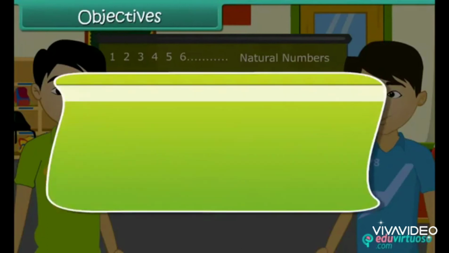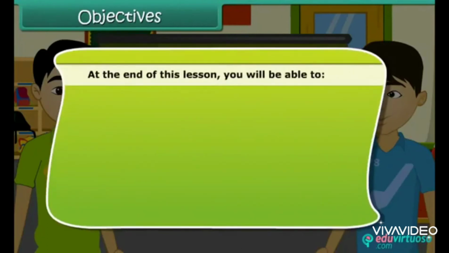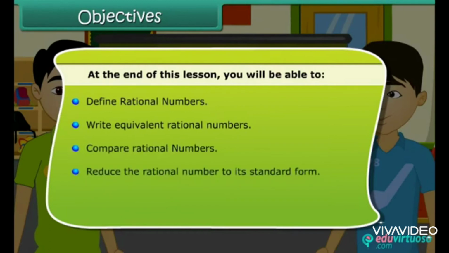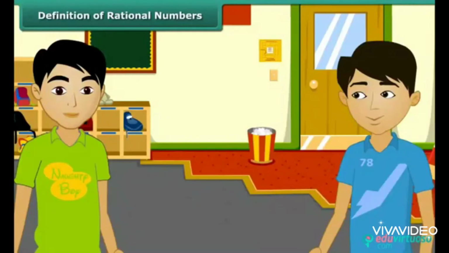In this lesson you will learn what a rational number is, equivalent rational numbers, comparing rational numbers, reducing a rational number to its standard form, and adding, subtracting, multiplying and dividing rational numbers. So now let us understand.